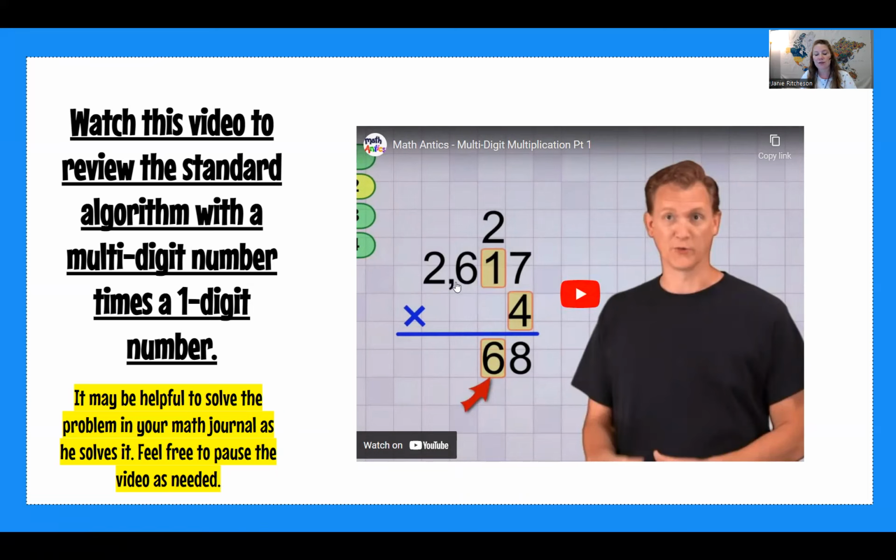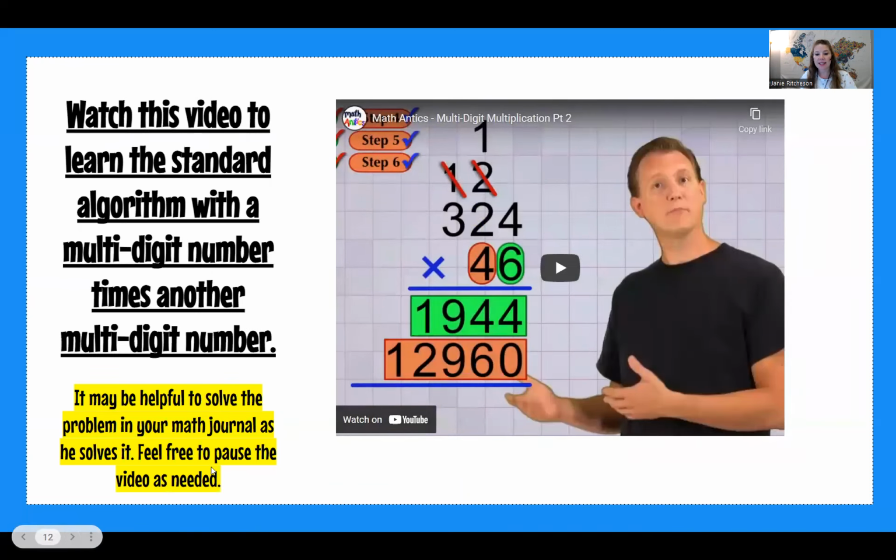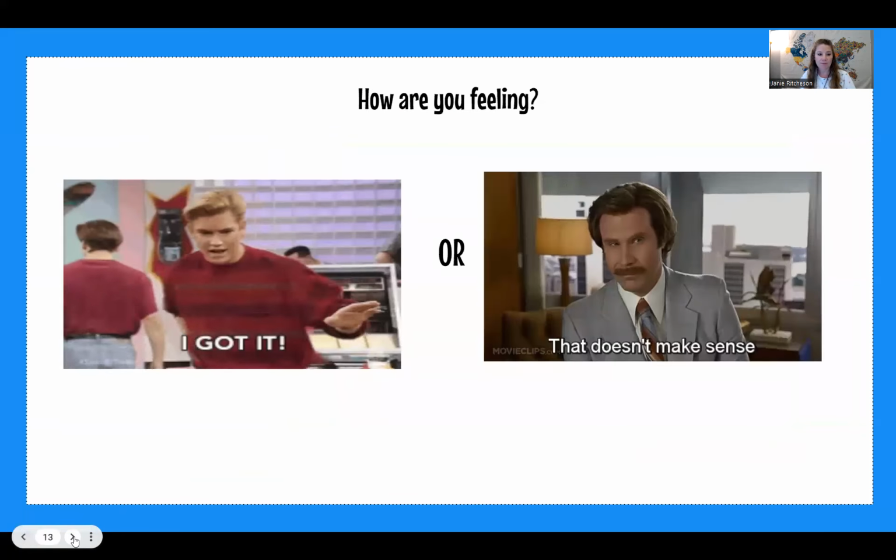Write this down, solve it with him through the video. And then this is multiplying a 3-digit number by a 2-digit number. So again, a great video. It might be useful for you to write this down and watch the video along with him and write down the work as he does in the video.